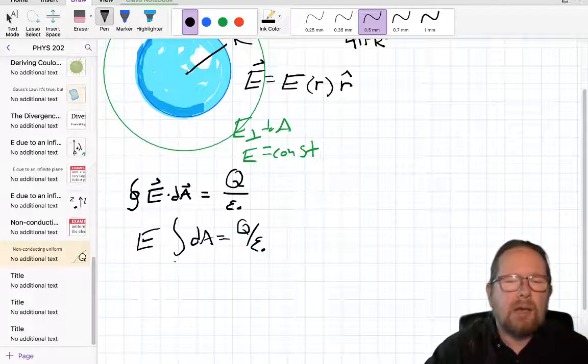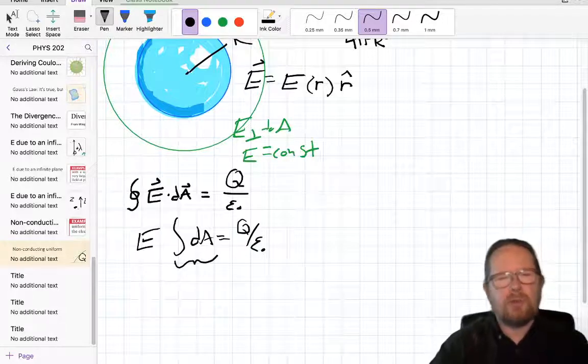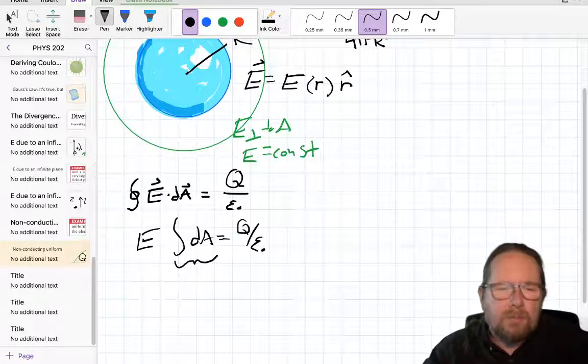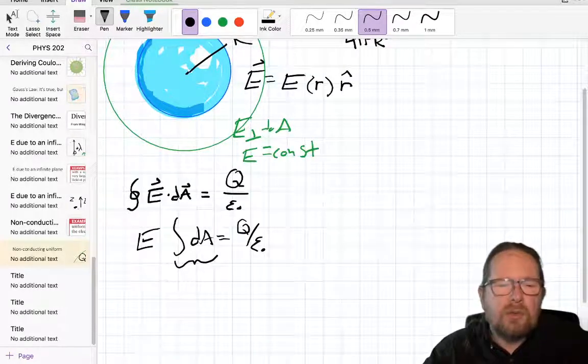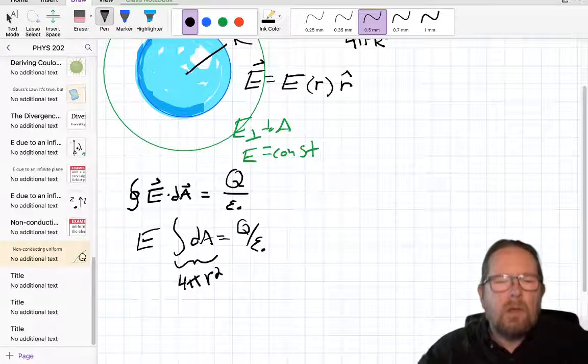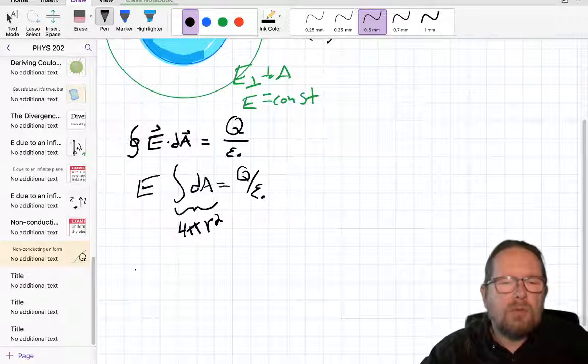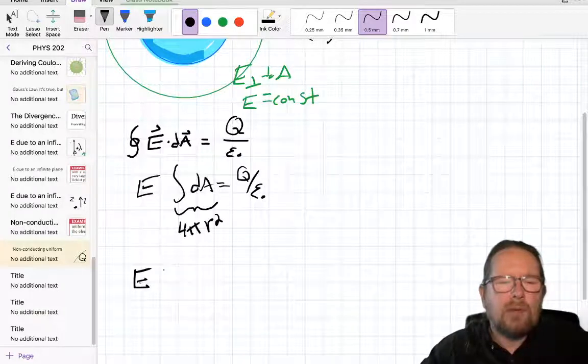And once again, because we've chosen our surface carefully, the integral of dA doesn't involve any variables at all. And this is just equal to the surface area of the sphere, which is 4 pi r squared, which gives us the electric field is equal to, what do we have left on the other side?